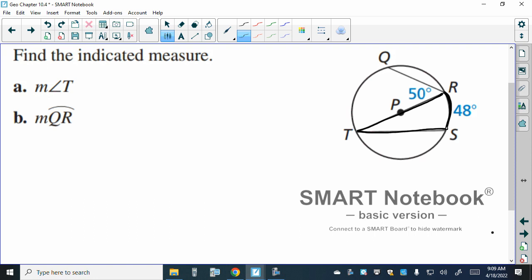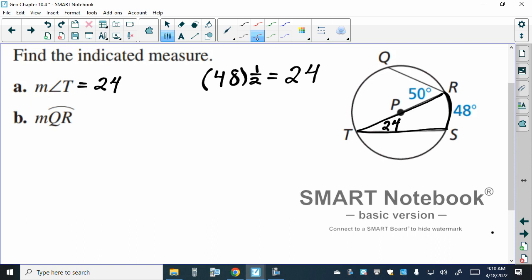The measure of the inscribed angle is half the measure of its arc. So we would take 48 and multiply it by 1/2 or divide it by 2, and we would get 24. So the measure of angle T here is 24 degrees. So the inscribed angle is half the measure of the arc.